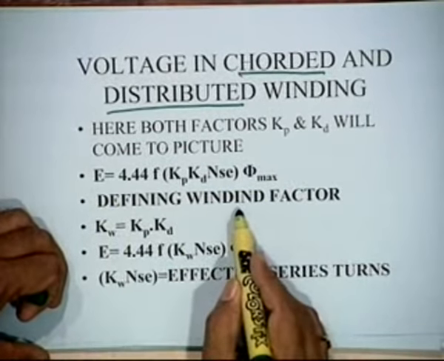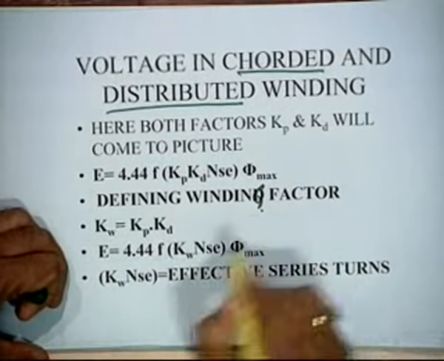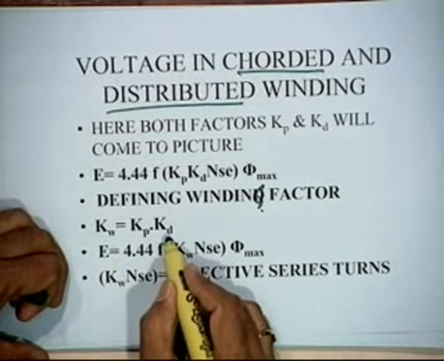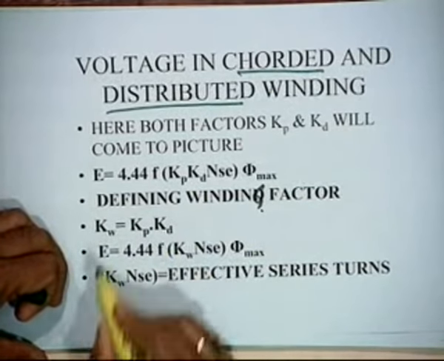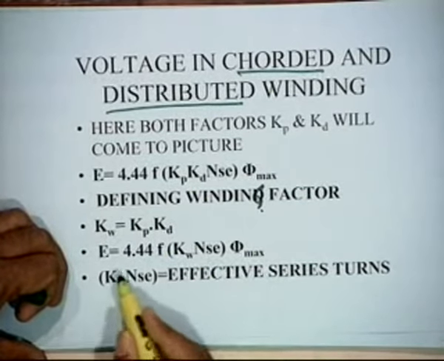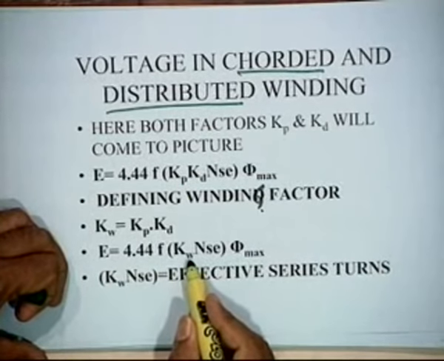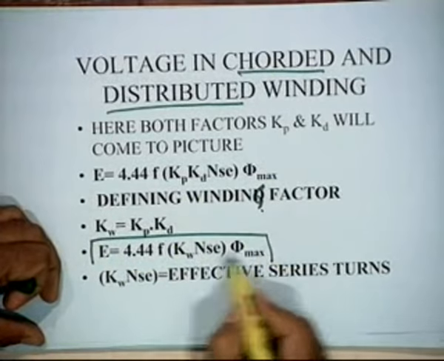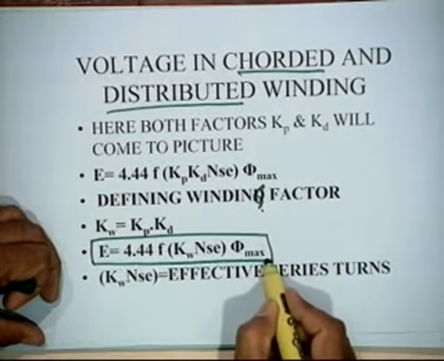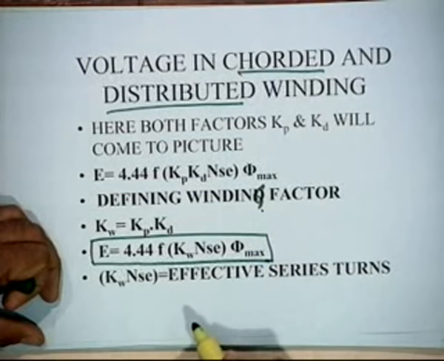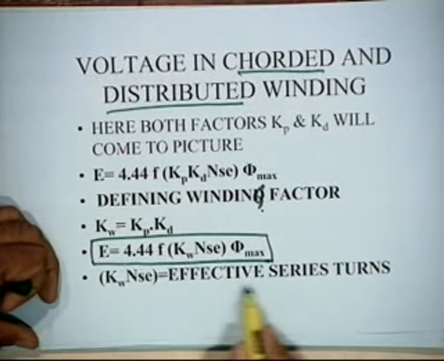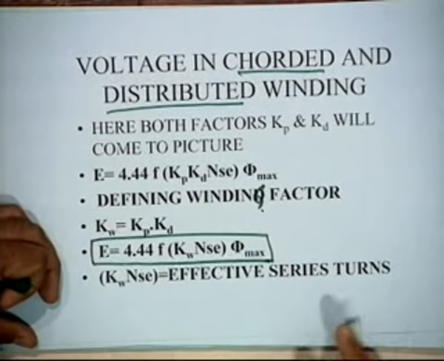Defining the winding factor Kw, which is Kp Kd, the product of Kp and Kd is also called Kw, or the winding factor. E is 4.44 f into Kw Nse into phi max. So, this will be the final expression for the synchronous machine voltage per phase, where Kw Nse is called the effective series turns per phase.